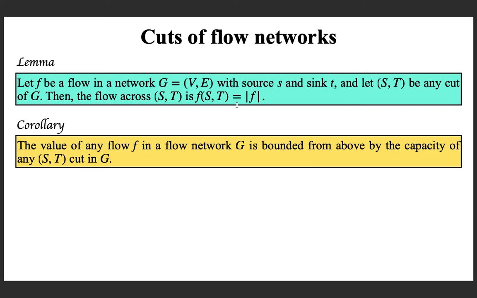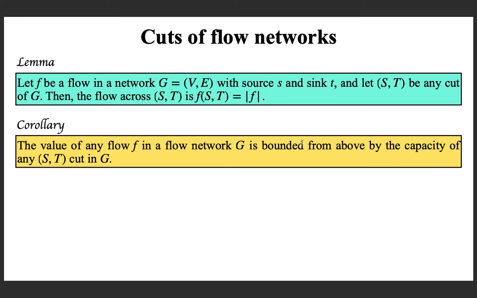It tells that the value of any flow F in a flow network G is upper bounded by the capacity of any ST cut in G. That means, given a flow network and a flow, its value must be upper bounded by the capacity of any ST cut. It does not matter what cut it is. If it is a cut, then its capacity is an upper bound on the maximum flow value.